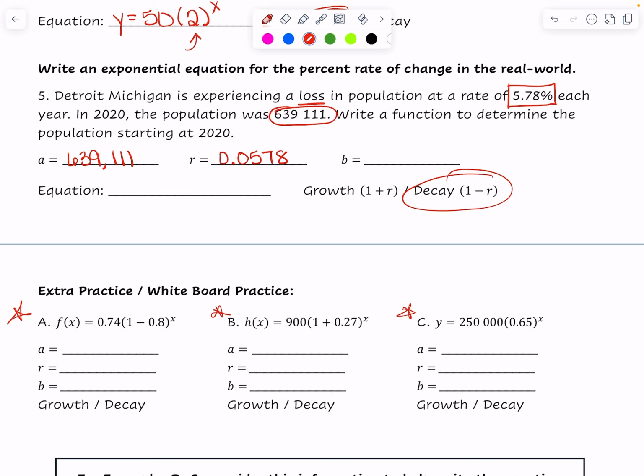Now, the year 2020 is a number, but we're not talking about years. We're talking about population. So the year 2020 doesn't matter to me right now. It's just when they started with this survey. Now, to find B, we have to do 1 plus R or 1 minus R. Because it's a decay, we're going to do 1 minus the R value.